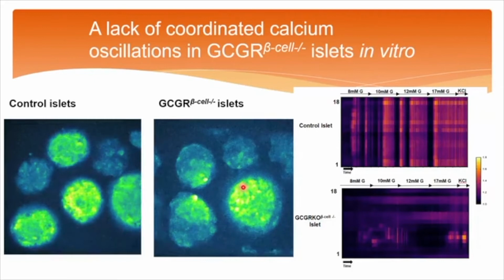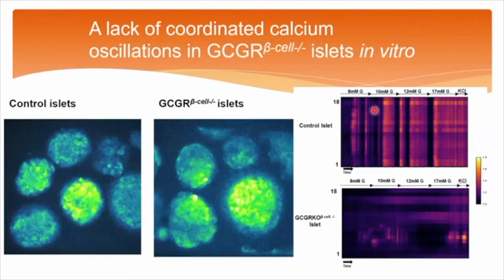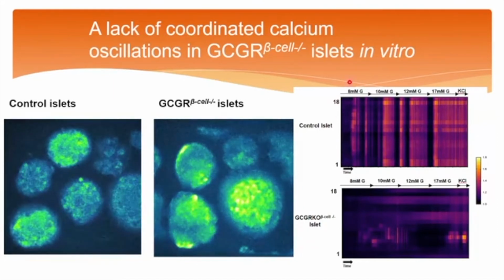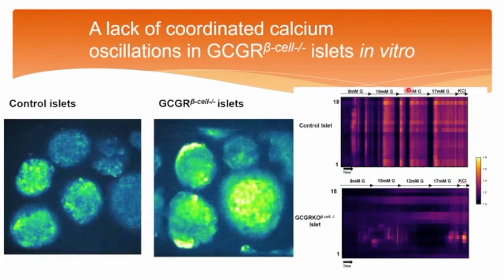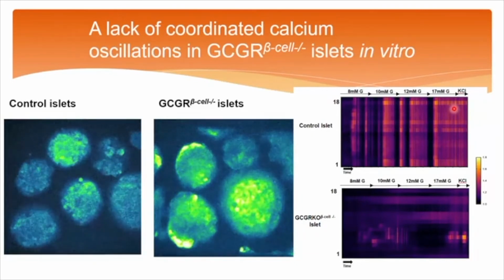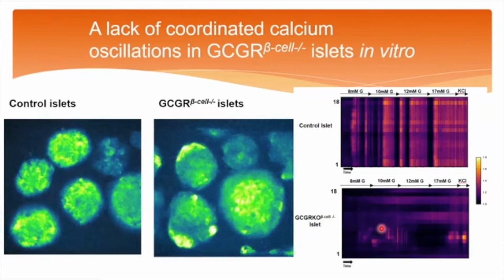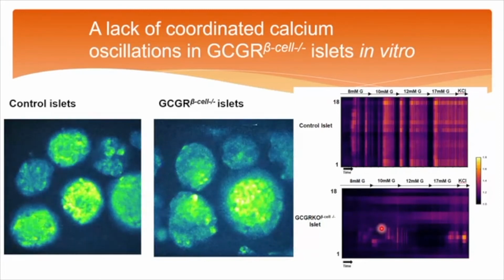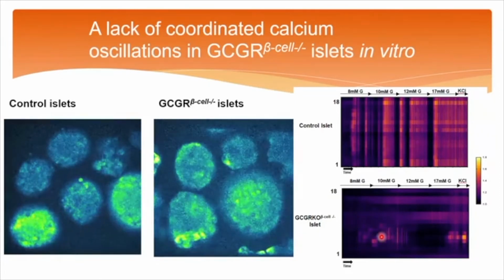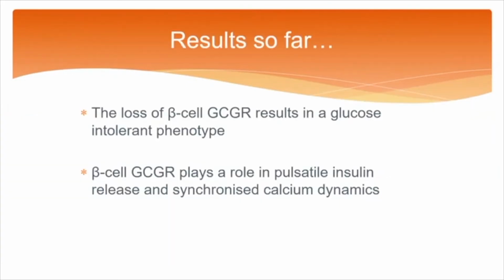Perhaps that concept is better mapped out in these heat maps here, where every line represents a different beta cell region of interest, as in these perfusion studies the glucose level is increasing. We see this beautifully coordinated islet here, and in comparison, loss of the glucagon receptor in beta cells results in quite a profound loss of beta cell connectivity, at least in vitro.